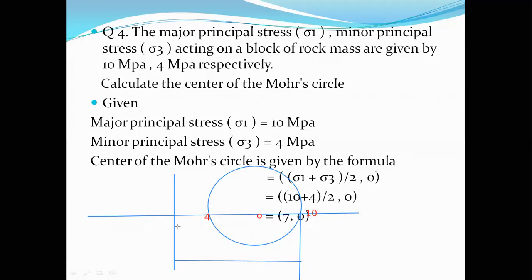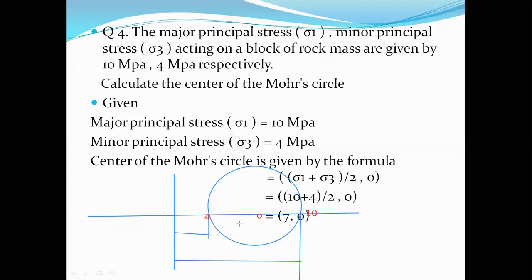Sigma 1 minus sigma 3 will give this portion. And half of sigma 1 minus sigma 3 will give me the radius. That's what we discussed earlier: sigma 1 minus sigma 3 by 2.